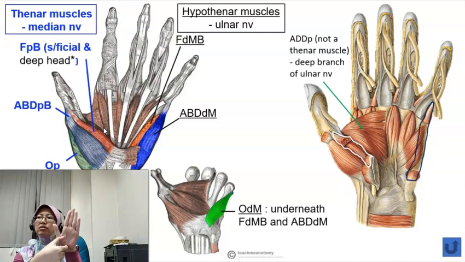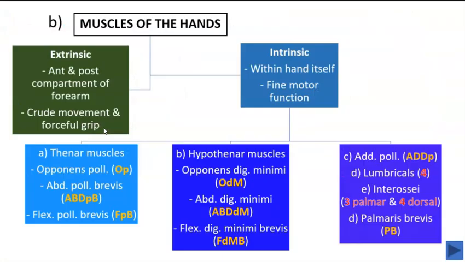Okay, abductor dulu, dia kena dekat outer part lah sebab nak abduct kan. Okay, opponens pollicis, abductor pollicis, flexor. Opponens, abductor and flexor. Sama juga sini, opponens digiti minimi, abductor, flexor. Okay. So we have covered thenar muscle and hypothenar muscle and also adductor pollicis.